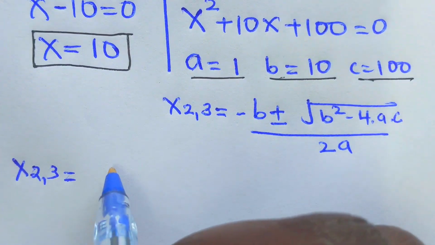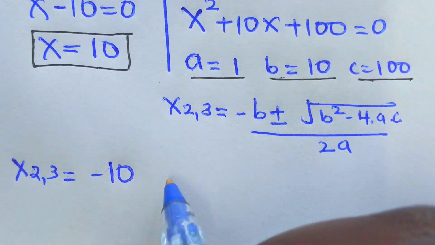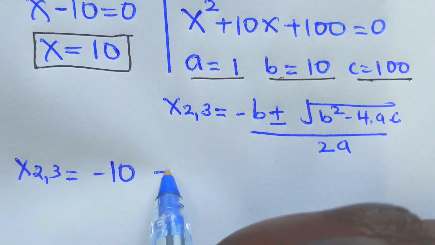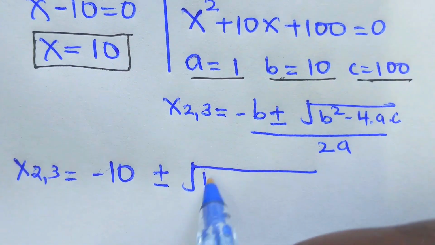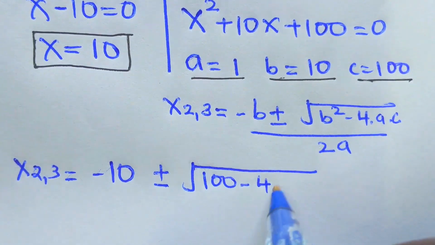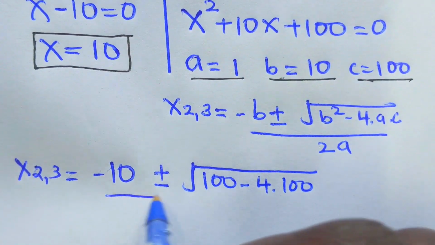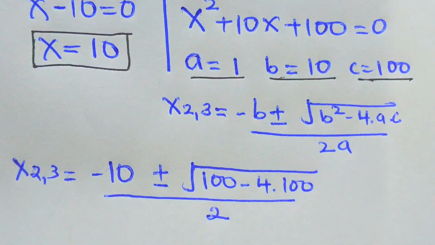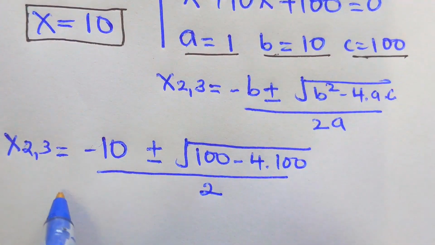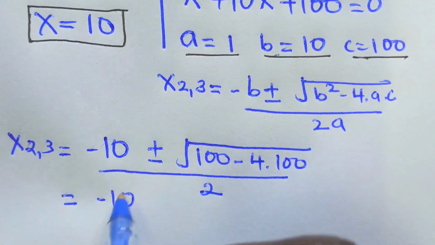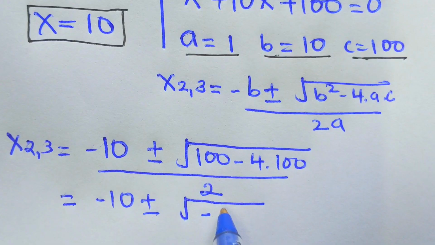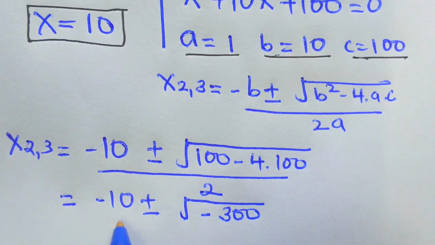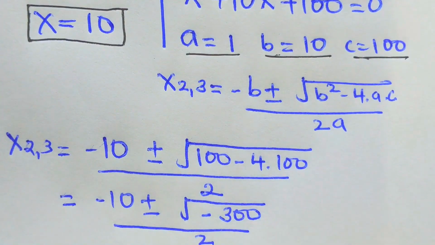So we come here to find x2 and x3. This is negative 10 plus or minus the square root of 100 minus 4 times 100, over 2. So this is equal to negative 10 plus or minus the square root of negative 300, over 2.